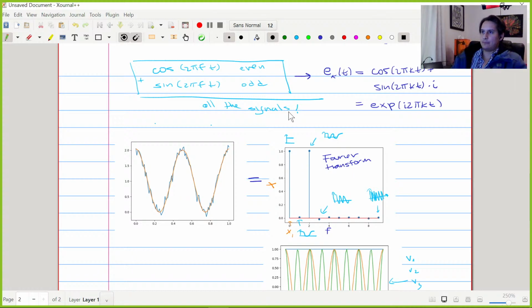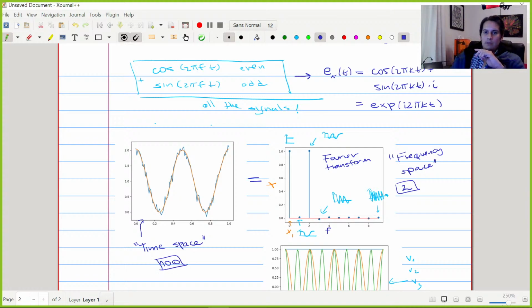You can see that in this space, the time space, you need basically 100 coefficients or samples, but in this space, the Fourier space, or the frequency space, you need only 2 samples to represent the signal.